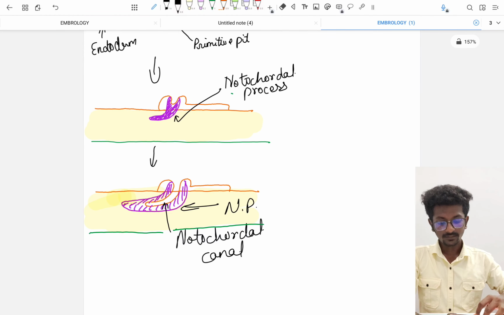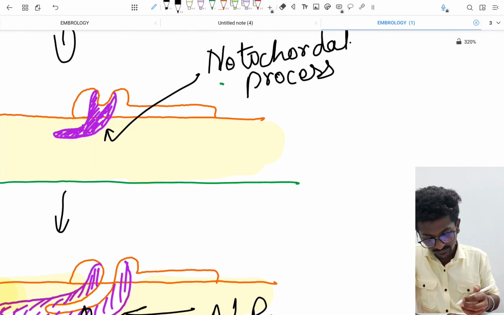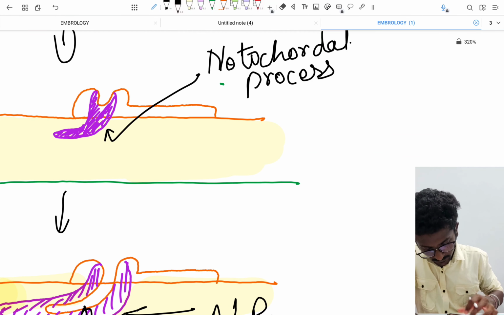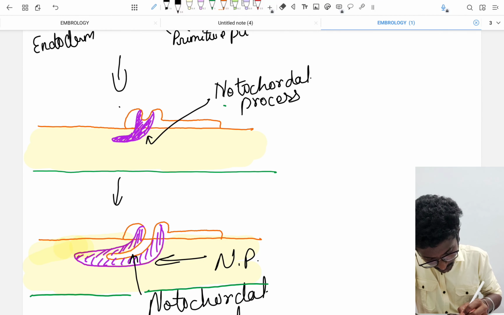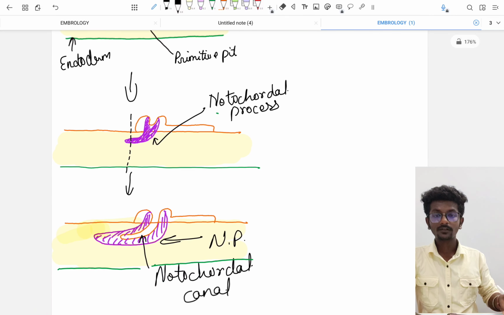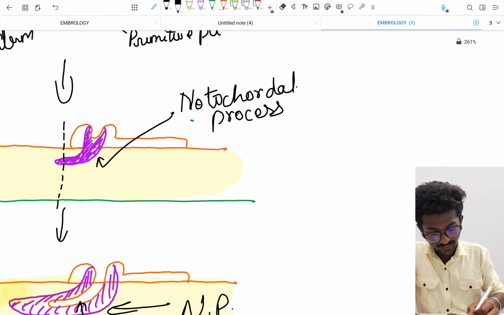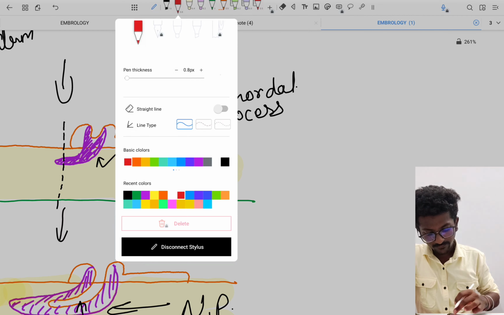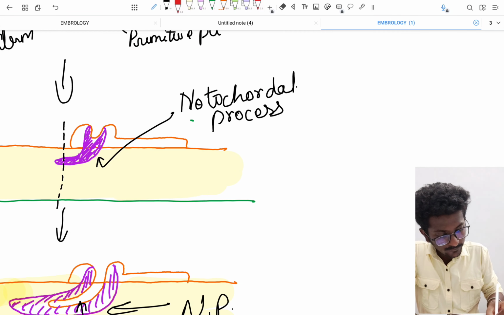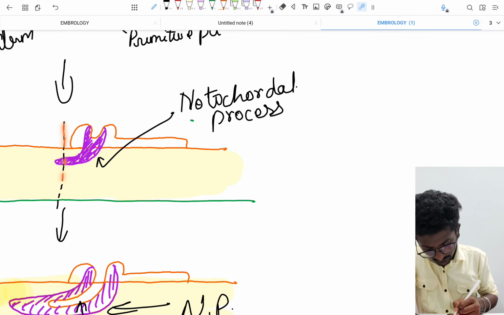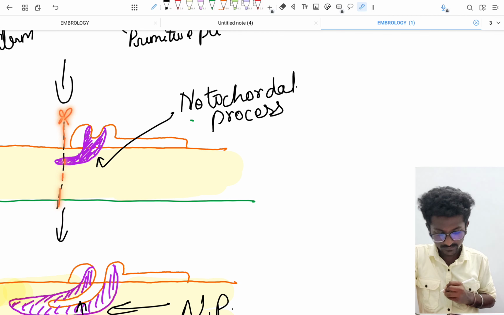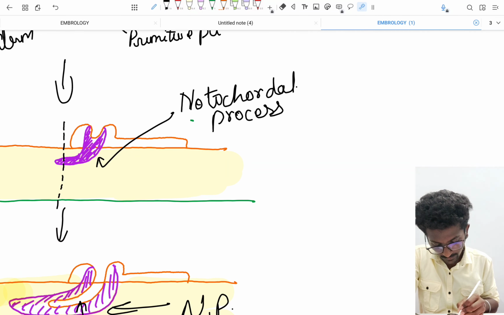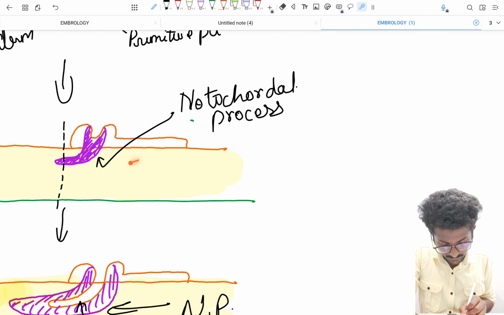Now what will happen further? Before that, I will cut this diagram from this side and draw it over here. I have cut the diagram in this direction, and now I will watch it from here.